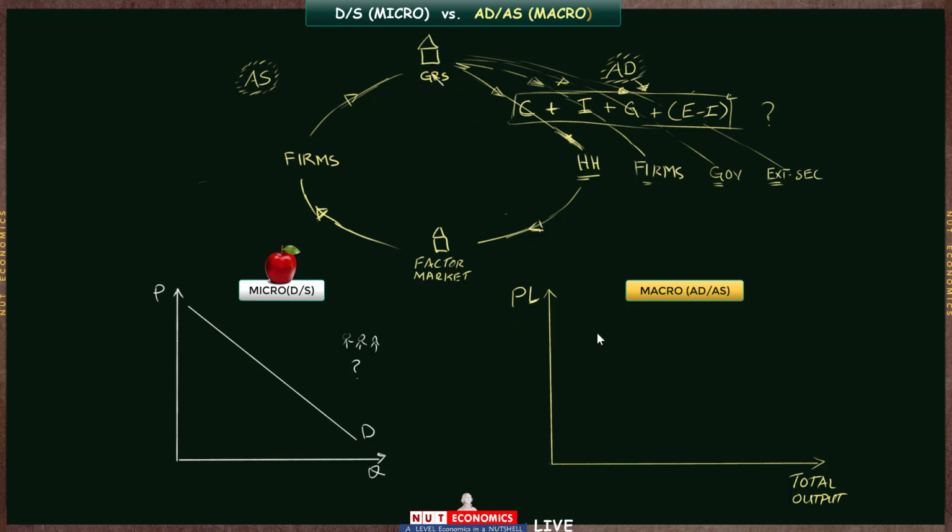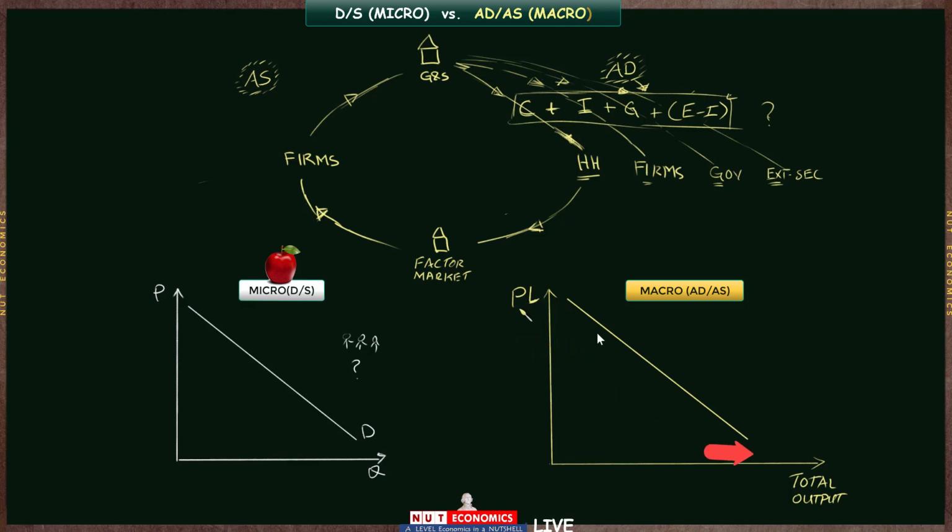And on that basis we get a very similar diagram, but on the y-axis we have price level, not price, and this changes everything. There you are talking about one product, here you are talking about average price in your entire country considering all the different products.